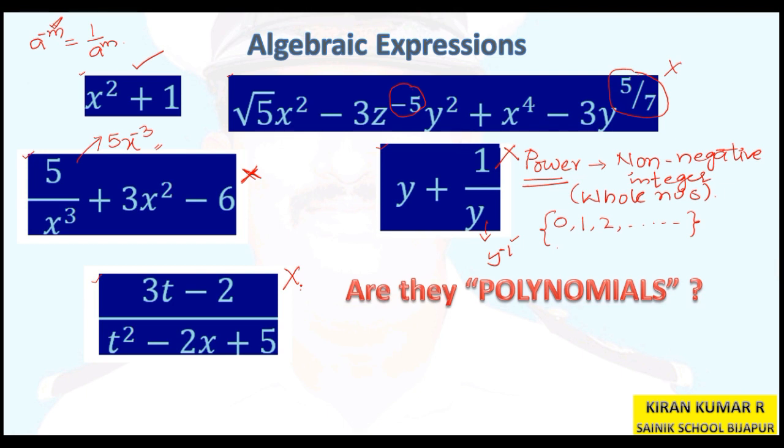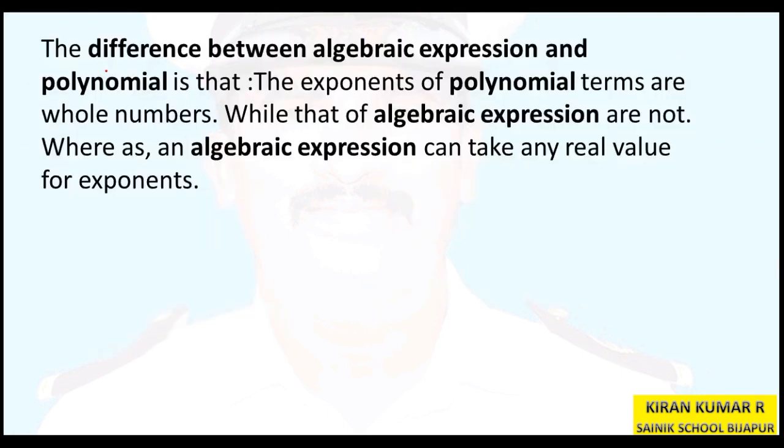We have to clearly distinguish an algebraic expression from a polynomial. Make a note of it. The difference between an algebraic expression and a polynomial is that the exponents of a polynomial are whole numbers. Exponent is nothing but power.